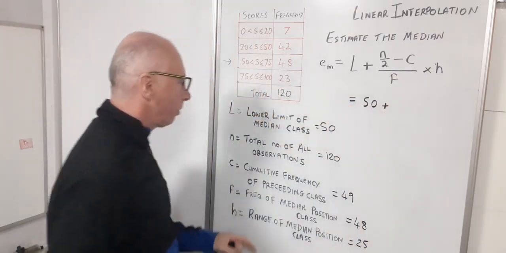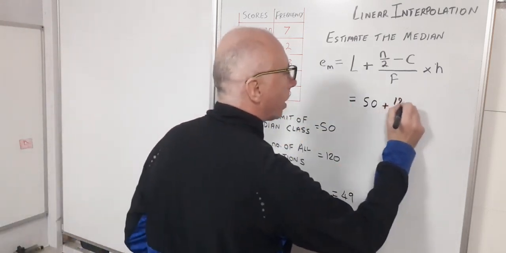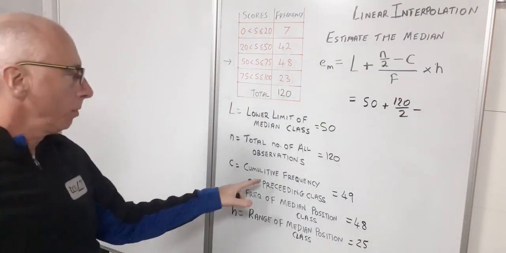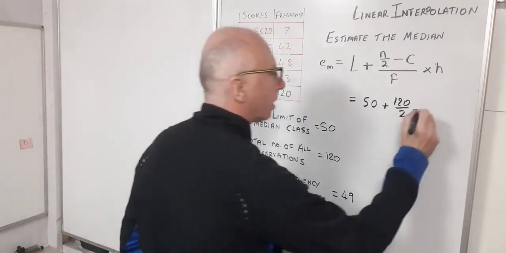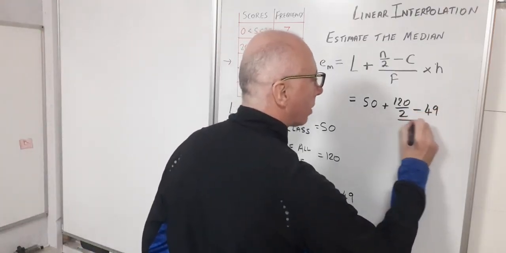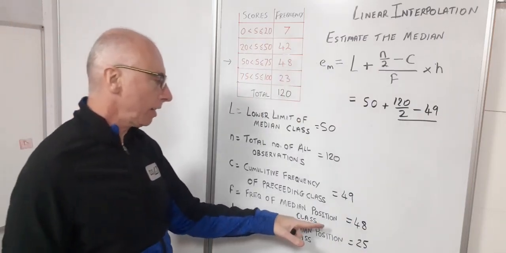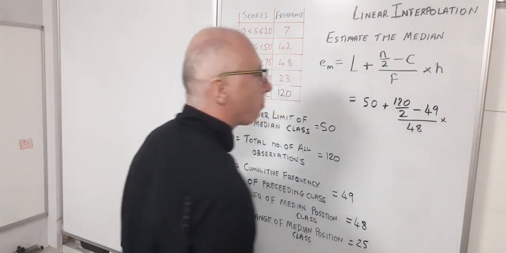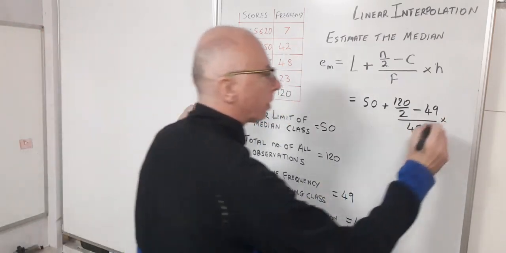N is the total number of frequencies, and that's 120, divided by 2, subtract c, which is the cumulative frequency up to the preceding class, which is 49. Divide all that by f, which is the frequency of the median position class, which is 48. And then times that by the range of that position, which is 25 from this table.